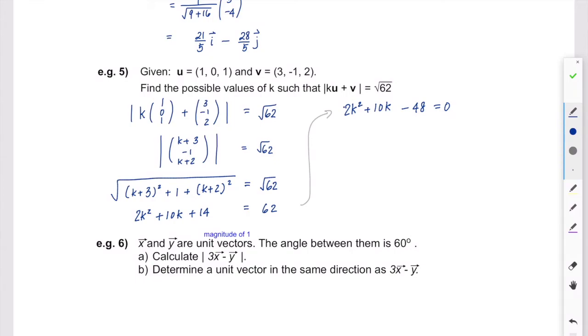To make it easier, I can factor out the 2. And let's factor this, 24, 5, so 8 and 3. So k plus 8 and k minus 3. Therefore, k must equal negative 8 or k must equal 3. And since k is just a scalar multiple, both of these answers are valid.